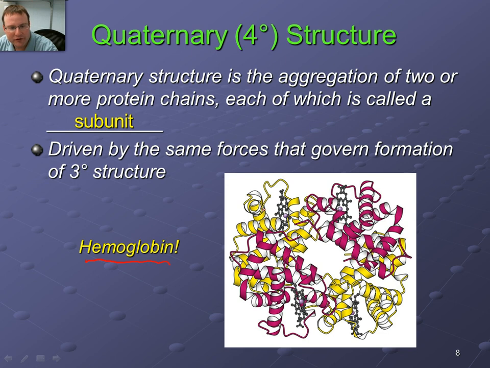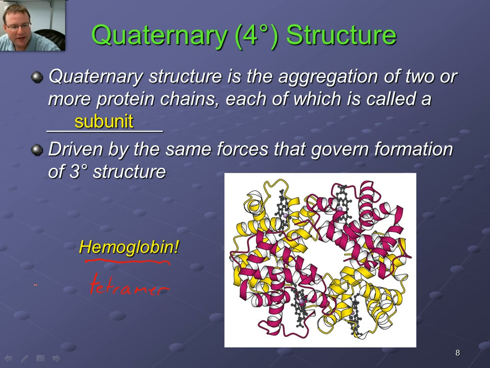When we look at the structure of hemoglobin, it is basically made of four different polypeptide subunits that come together and form this overall folded structure. Hemoglobin is referred to as a tetramer because it's made of four polypeptide subunits.